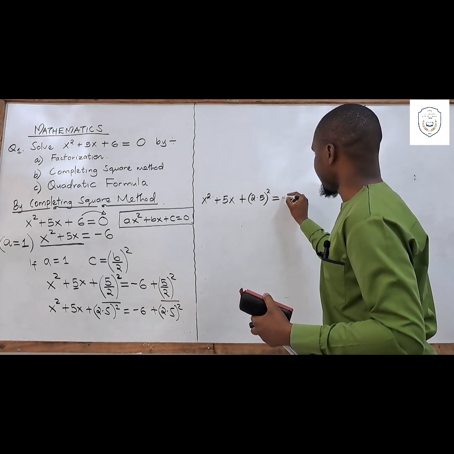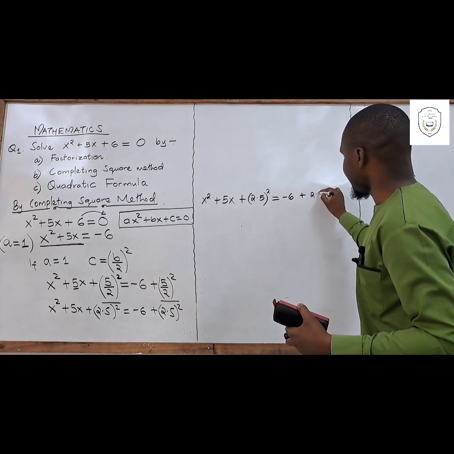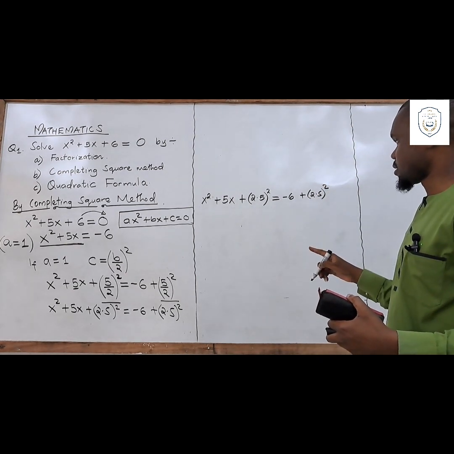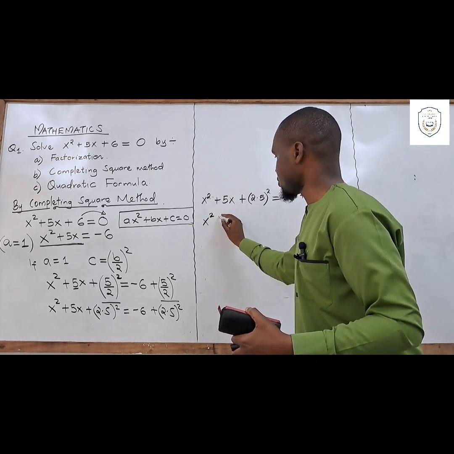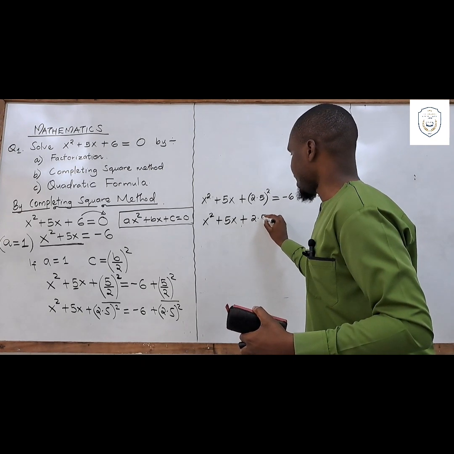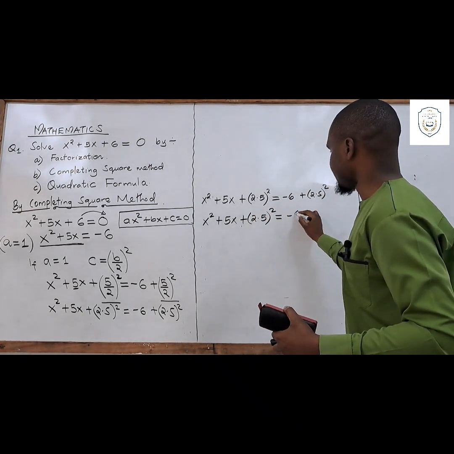But on this other side where we have negative 6 plus 2.5 all squared, I want us to interfere with this. How do we interfere with it? I'll just repeat this: x squared plus 5x plus 2.5 all squared equals negative 6.